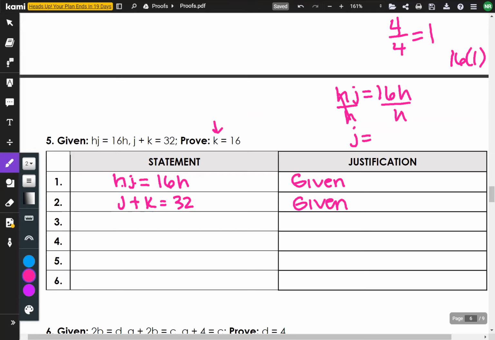h divided by h is 1. 16 times 1 is 16. So we get j equals 16. And we did that using what property?